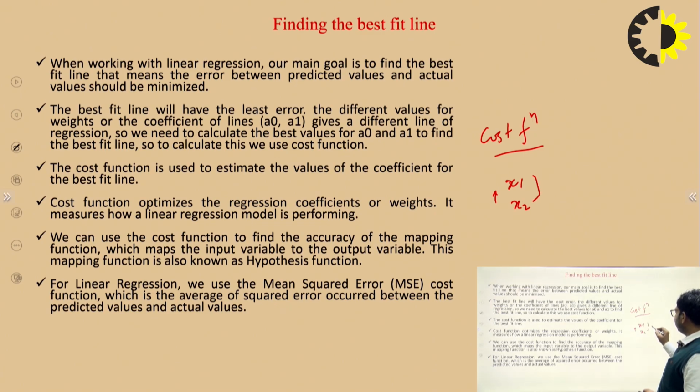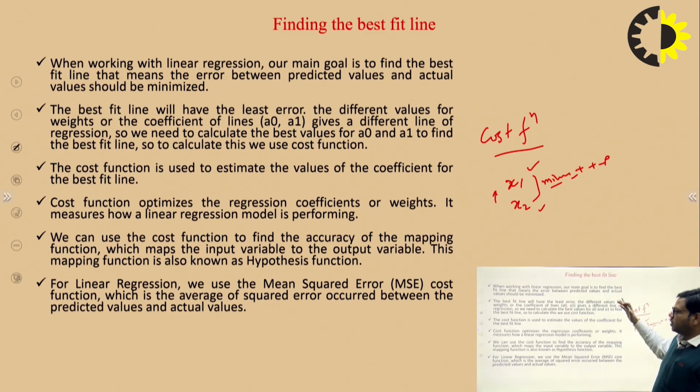There might be a minor gap between the actual value and the predicted value. This gap is called the residual. So the cost function is the total of these errors made by the model. The sum of these residuals must be very minimal.